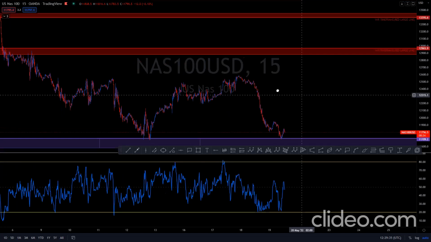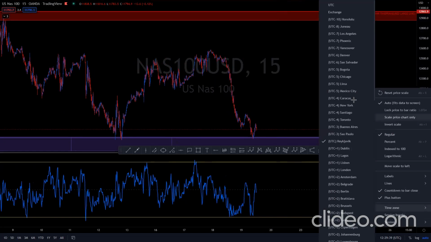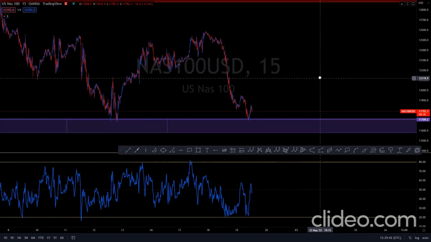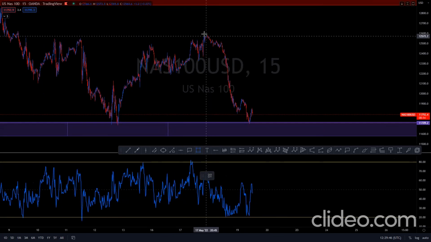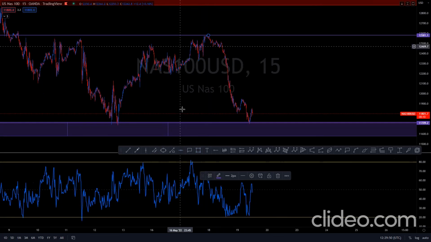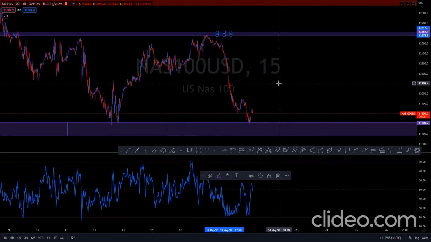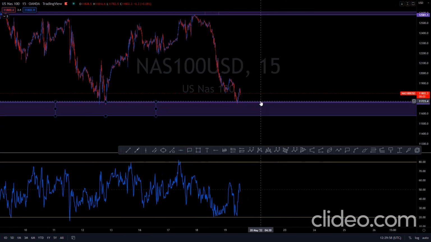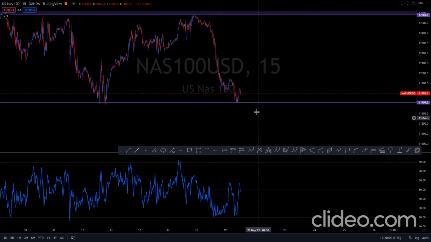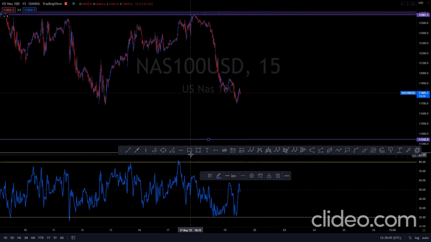So I'm going to actually adjust my screen here. Might draw another zone here. Might put my zone maybe all the way down here.